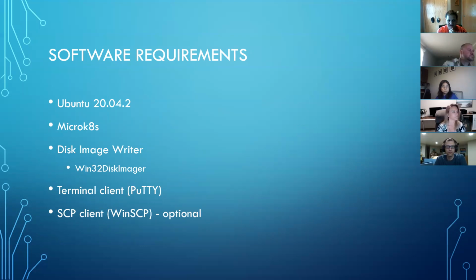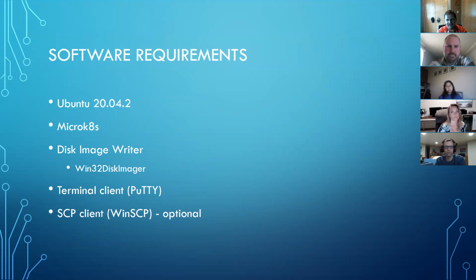You'll need a terminal client. I use PuTTY, and I also use a utility called mPuTTY, which is just a multiple-window version of PuTTY, so you can run tabs of PuTTY rather than having one instance of PuTTY running across and having to hunt stuff down. And then I put down an SCP client, and my preference is WinSCP because I'm on a Windows machine.